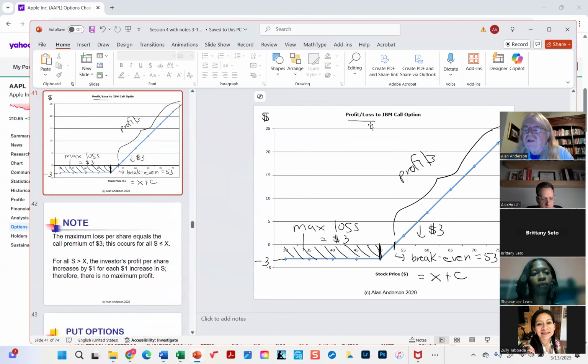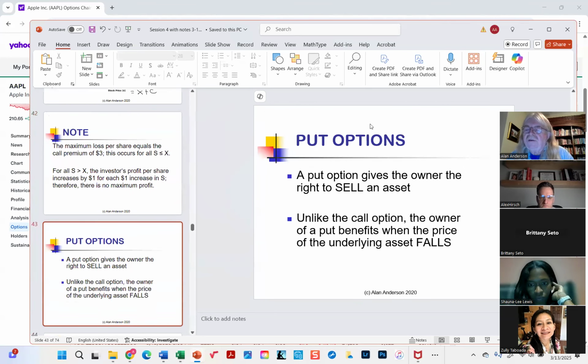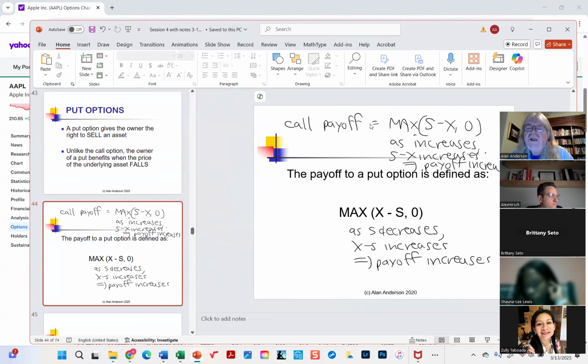Now with the puts, of course, this all works backwards because we have the right to sell something. Whereas with the call, we benefit from a rising stock price, with a put it's the other way around. So the payoff, if you notice, is written differently. Instead of the max of S minus X and 0, it becomes the max of X minus S and 0.